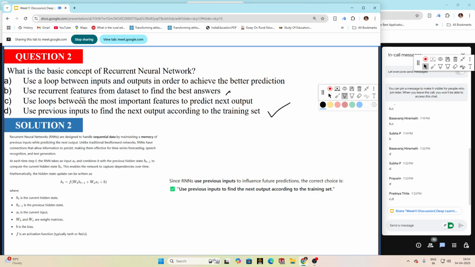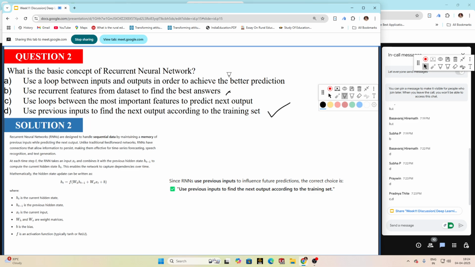Option C, use loops between the most important features to predict the next output, cannot completely be ignored. In the data set it is using a loop, and RNN can be applied on this. That can be right, but it cannot be right for the traditional RNN.